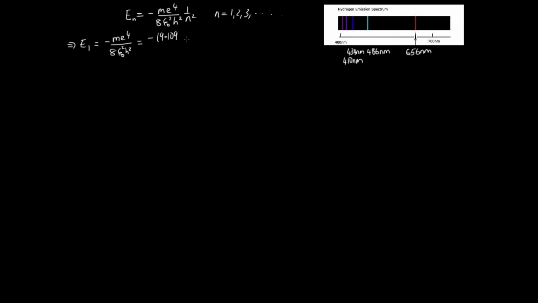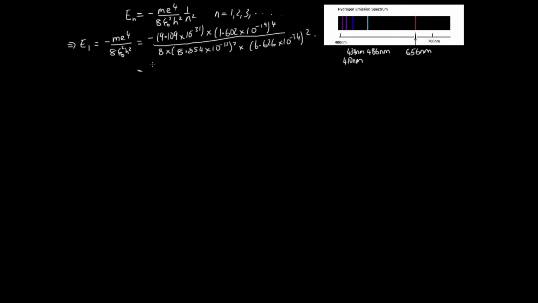And substituting in, m is the mass of an electron, so this is equal to 9.109 times 10 to the minus 31, times the charge on an electron, 1.602 times 10 to the minus 19, to the power of 4, divided by 8 times epsilon naught squared, which is 8.854 times 10 to the minus 12 squared, times h squared, 6.626 times 10 to the minus 34 squared.